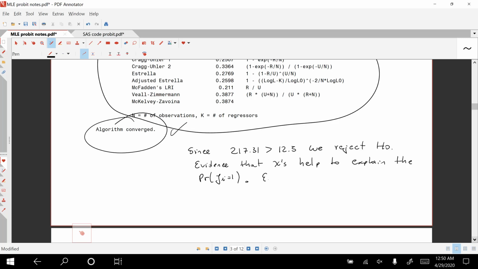And that's also another way to say, you see, that's evidence in favor of the unrestricted model, which is a model with explanatory variables.